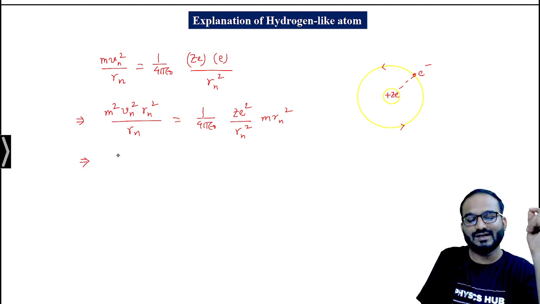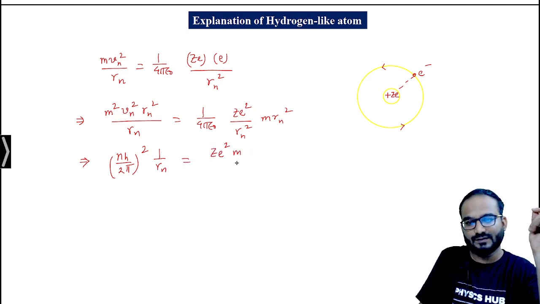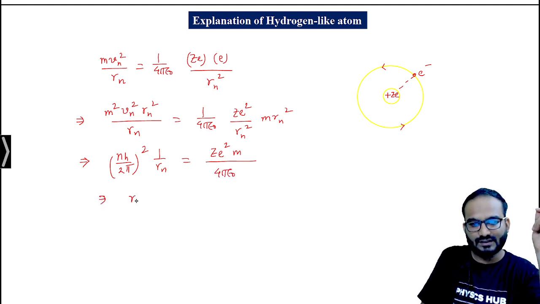L square is equals to nh by 2 pi whole square into 1 by Rn. This is equals to Ze square m divided by 4 pi epsilon naught. From this we can get the value of Rn, radius of the nth orbit, that is equals to n square h square epsilon naught. This 4 pi getting cancelled and one extra pi will be there.